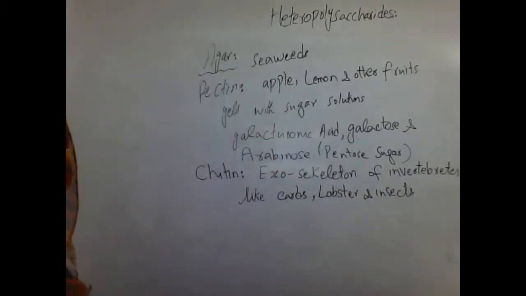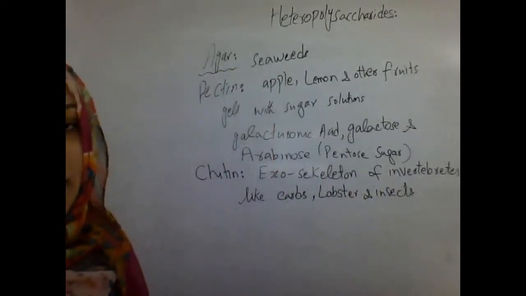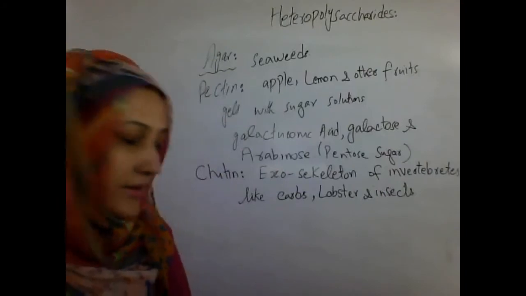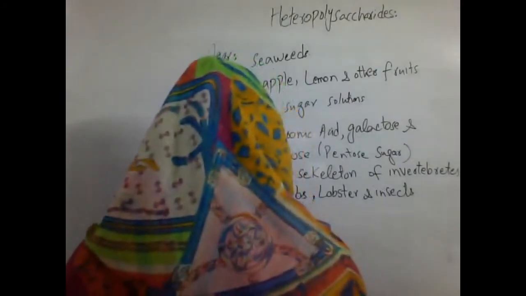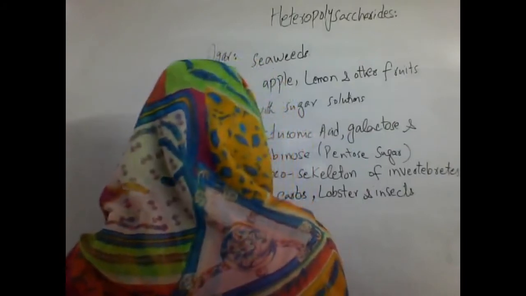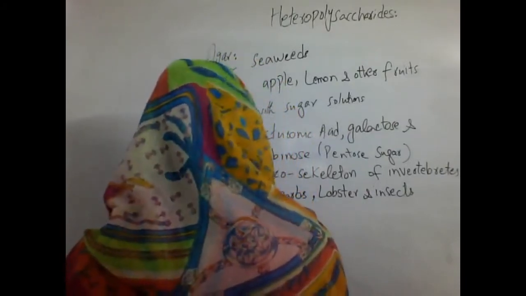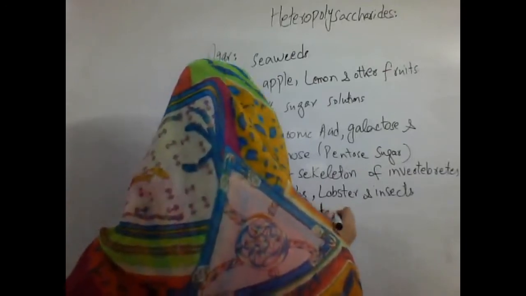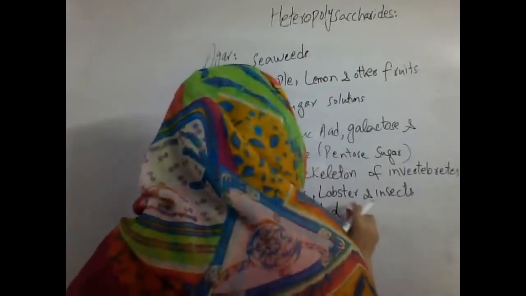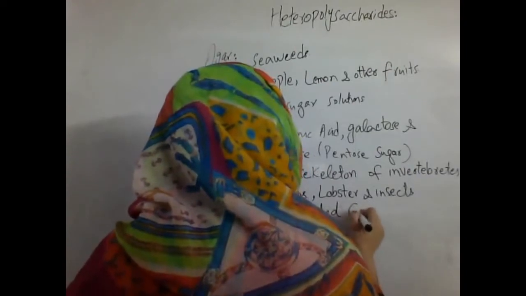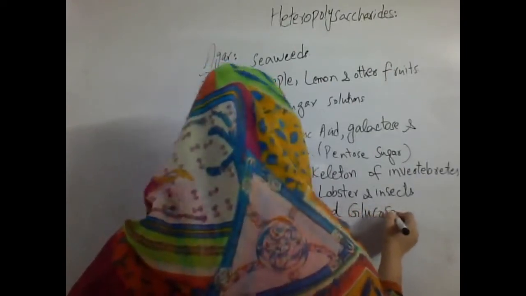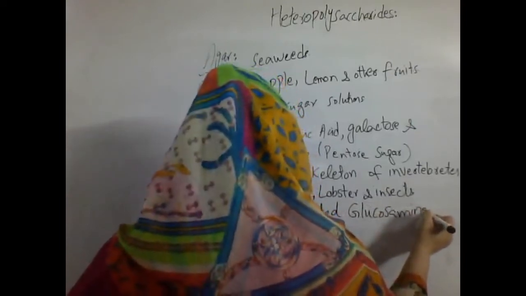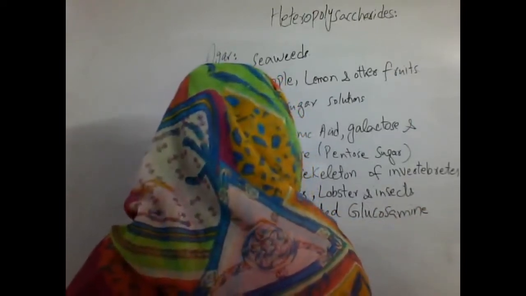Chitin is actually the exoskeleton of invertebrates. It is made up of acetylated glucosamine units.